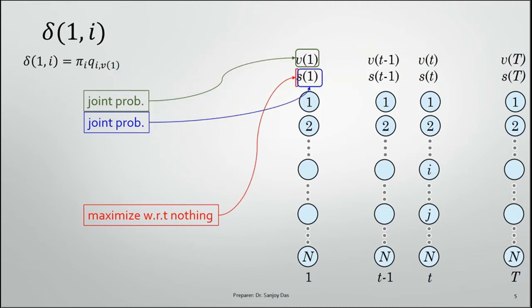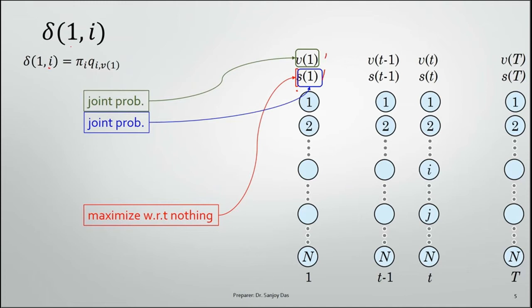Now what's delta 1 i? So the time step here is 1. So there's nothing to do the maximization over. There is no past. And so it maximizes over nothing. And what's this delta 1 i then? It's the joint probability of, at time step 1, the state being S sub i and the output being V1, which is given to us.